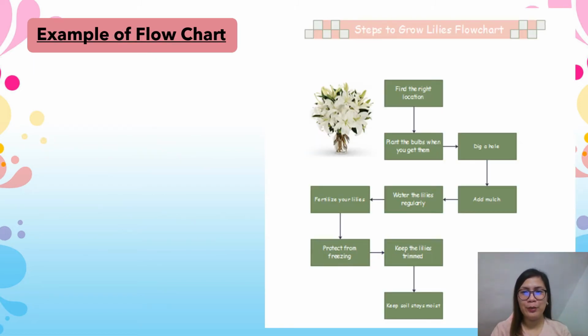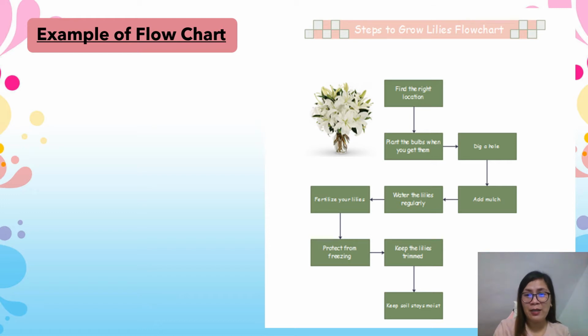This is an example of a flowchart. Let me see if you know how to read a non-textual aid. So what is the flowchart all about? Very good. It's about how to grow lilies. How many steps do we have? Very good. 9 steps. What is the first step?